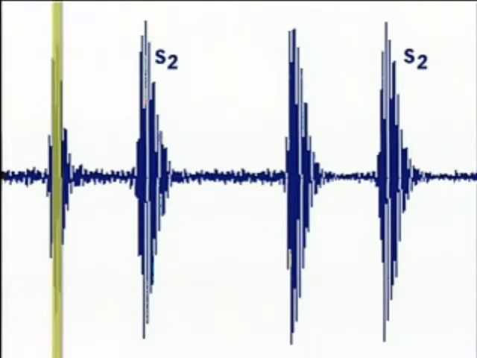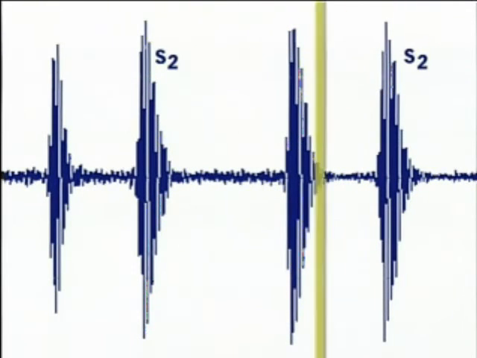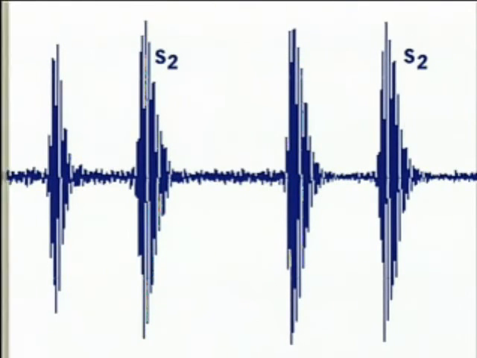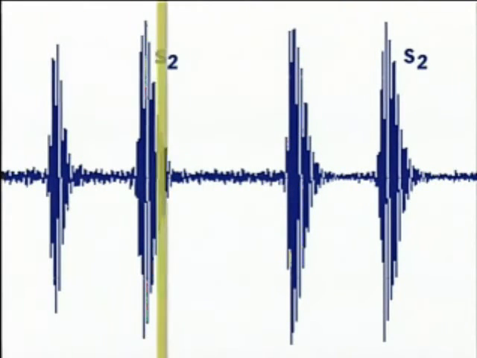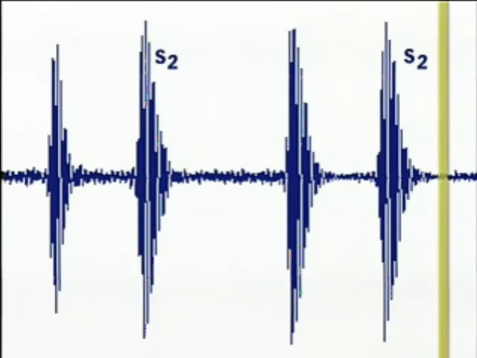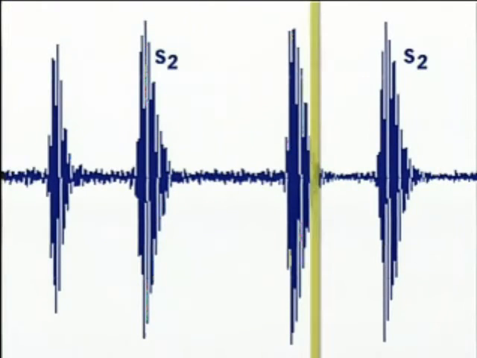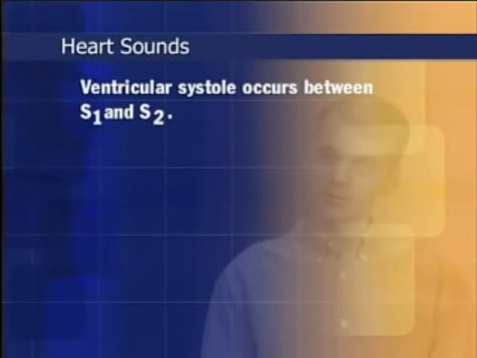The second sound, S2, arises from closure of the aortic valve. Pulmonic valve closure may also contribute to S2. Ventricular systole occurs between S1 and S2.